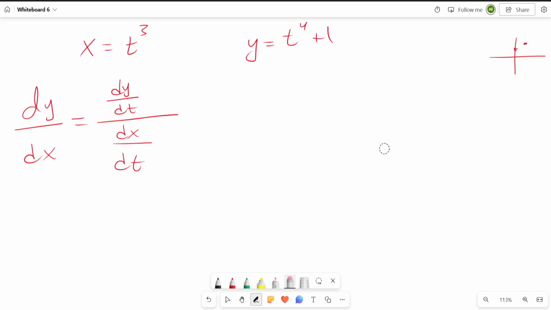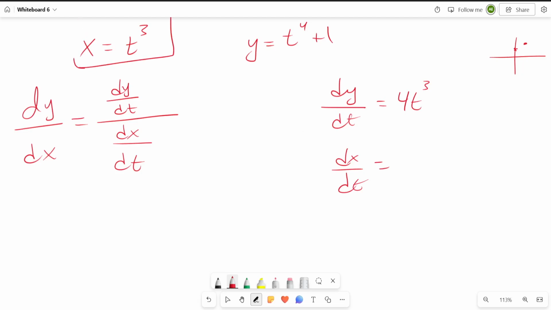First of all, let's get dy by dt. That is differentiating this equation over here, so dy by dt equals 4t cubed, since the differentiation of 1 is 0. And dx by dt is the differentiation of this function, so it's 3t squared.